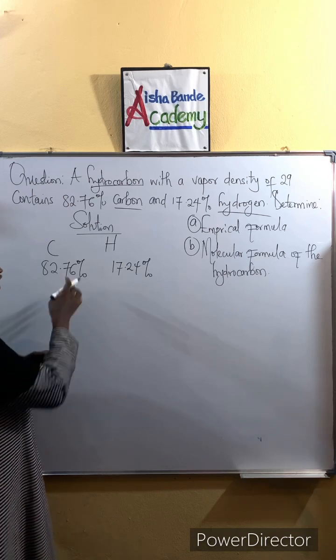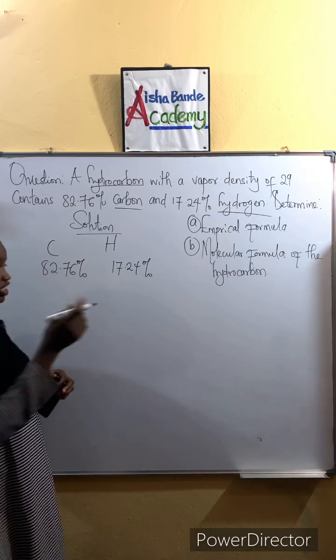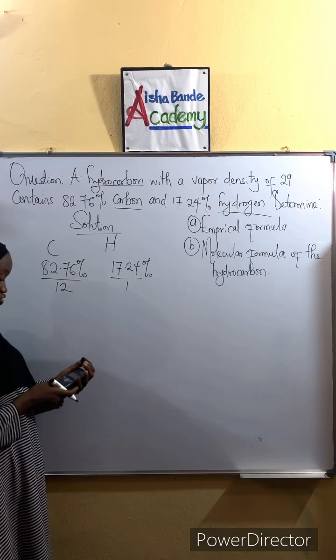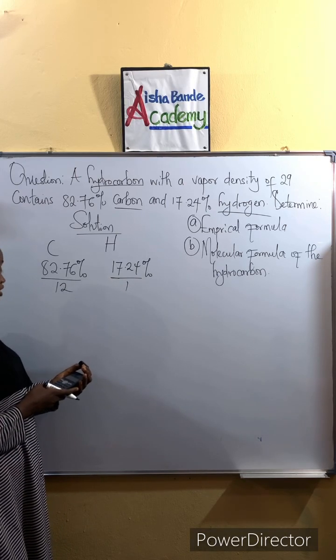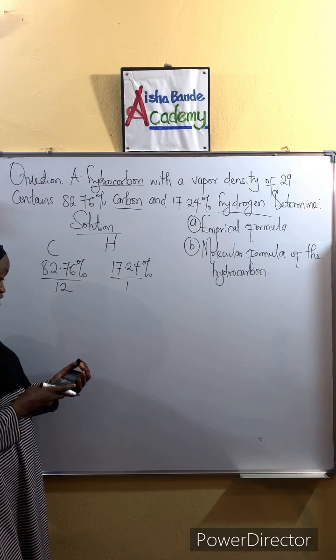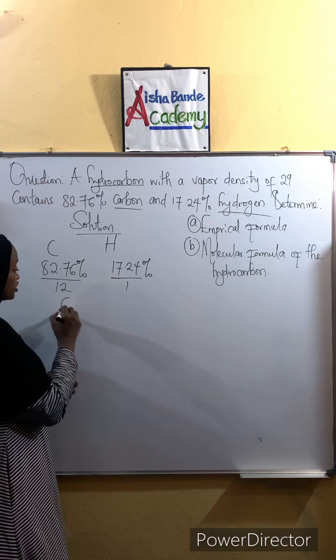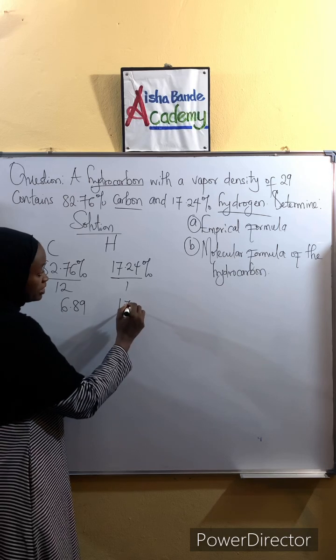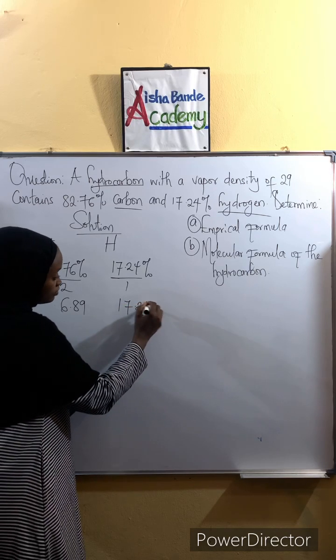The next step is for us to divide by the atomic masses of each element. Carbon here we divide by 12, hydrogen we divide by 1. So we divide 2.76 by 12, and this gives us a value of 6.89, while here we have 17.24 divided by 1 gives us the value of 17.24.